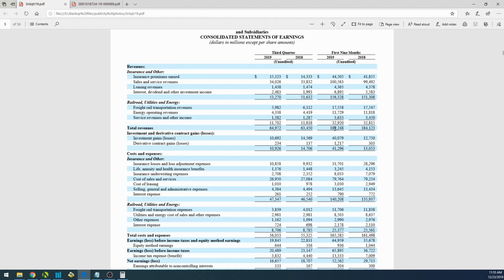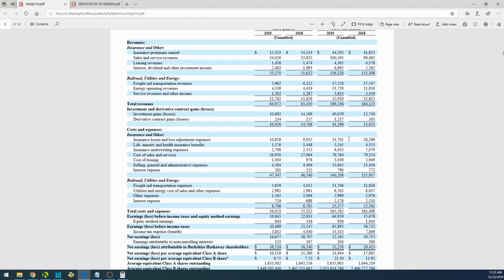So there is growth in revenue. Let's take a look at which is the biggest growth engine. For railroad, not much difference there, 32 billion for each. So the growth is mainly from insurance and other: 156 billion in 2019 versus 151 billion in 2018. So our main growth is there.